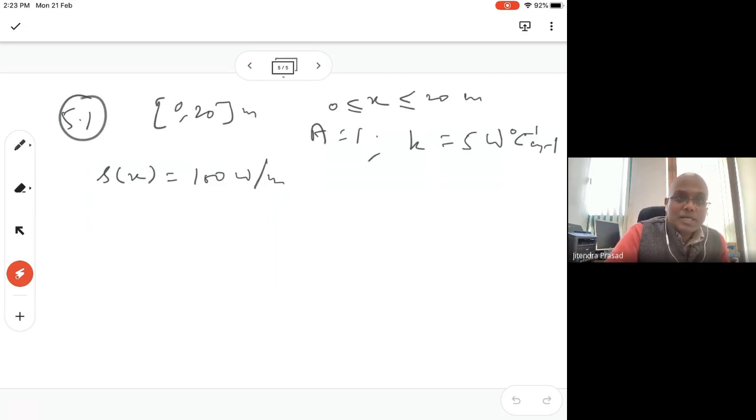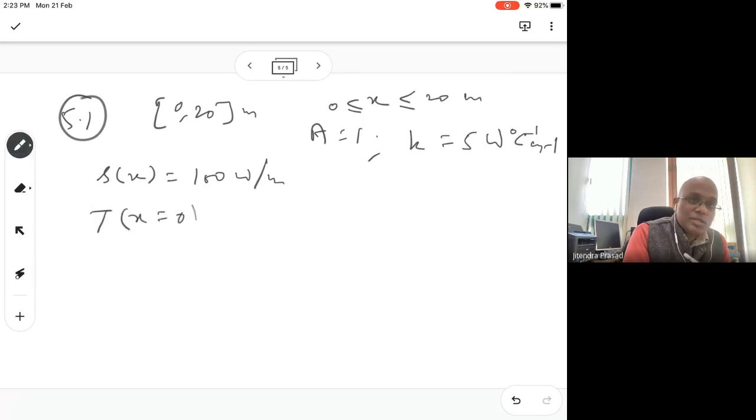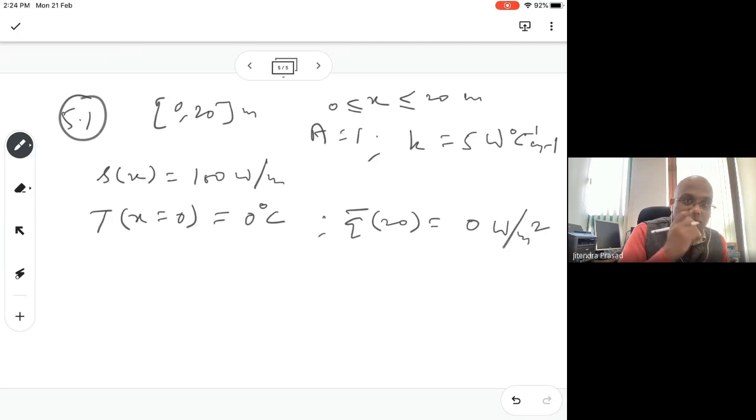The boundary conditions are T at x equal to 0 is equal to 0 degrees Celsius, and q bar at 20 is equal to 0 watts per meter square. Okay, now solve the problem with two equal linear elements.